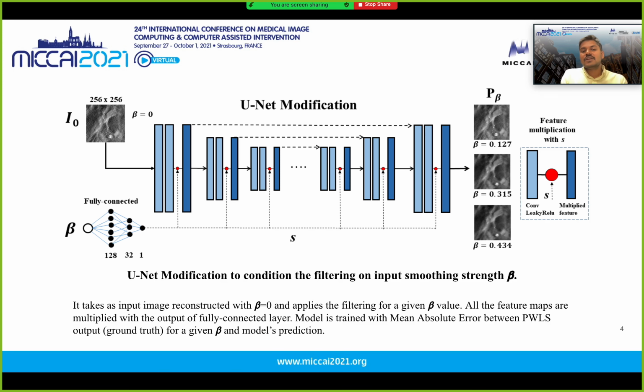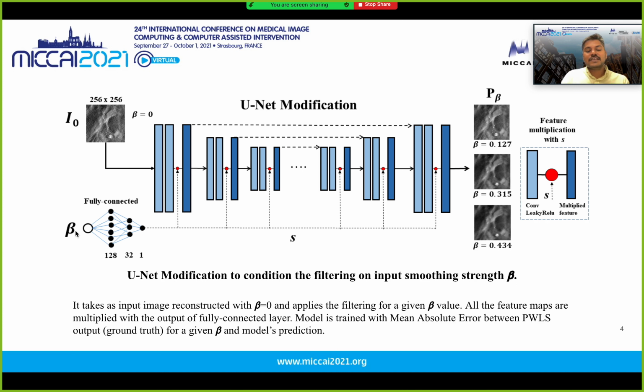For this, we add certain modifications to the widely used UNet model, as shown here. The UNet model takes as input the image which has been reconstructed with beta equal to 0, and it takes another parameter beta, which is the smoothing strength that needs to be applied on this image.